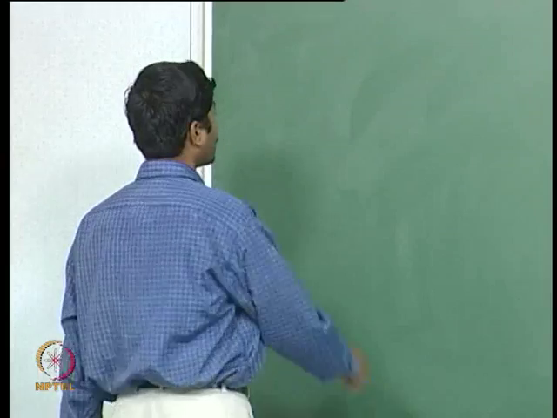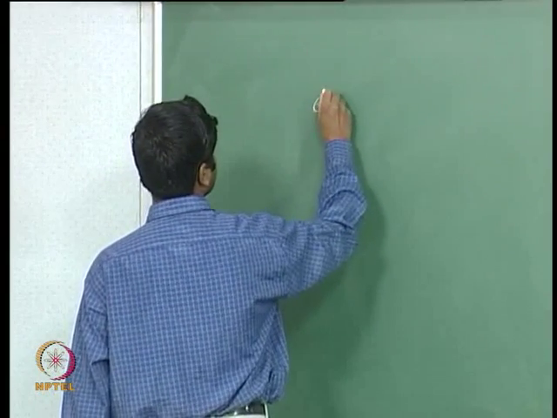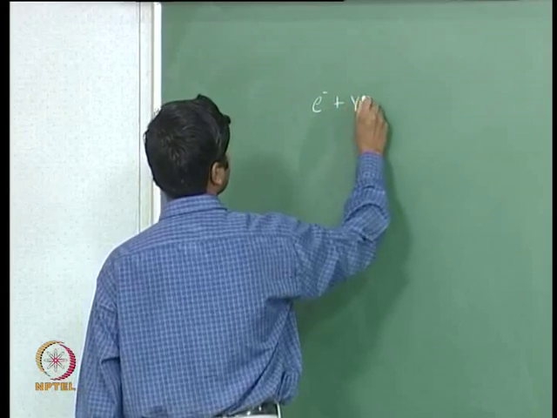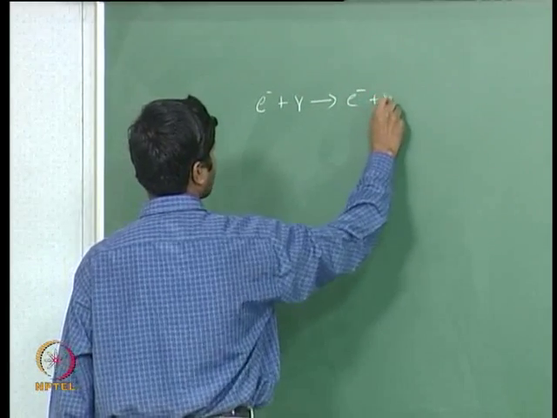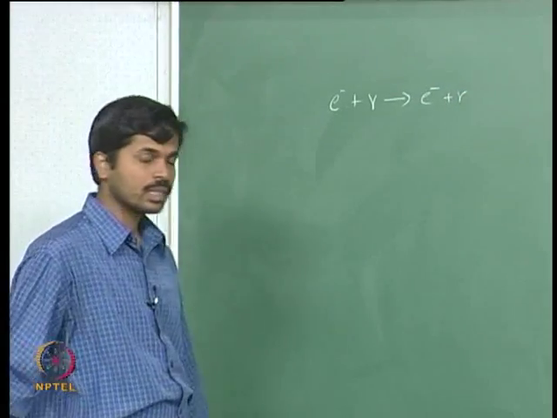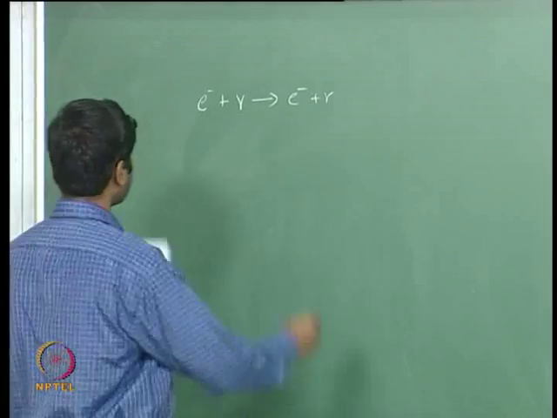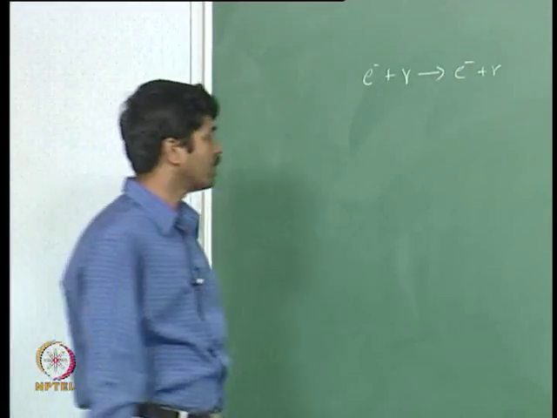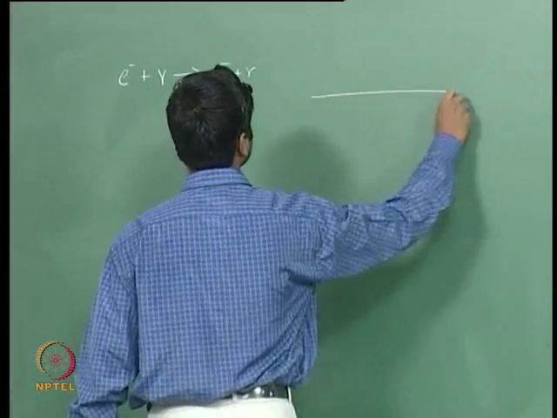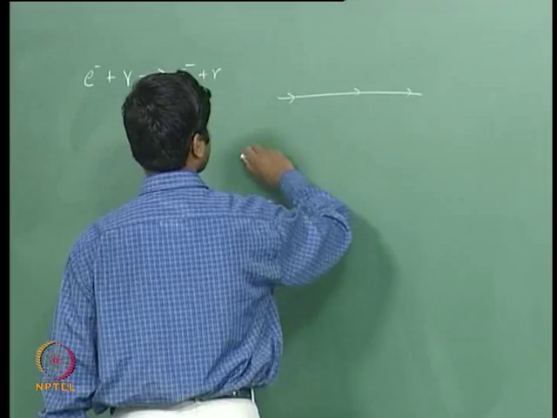So, for example, suppose you consider a process like Compton scattering, let us say e minus plus gamma going to e minus plus gamma, then there are two terms in the S matrix which give a non-zero contribution to this process at second order, and these two terms are represented by the following two Feynman diagrams.